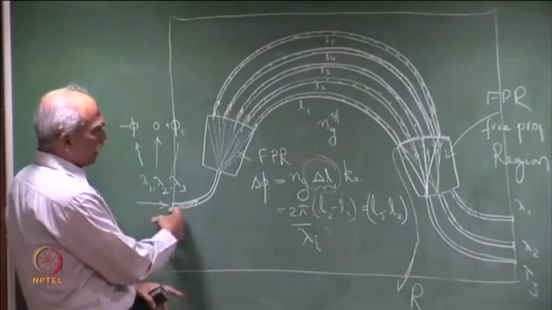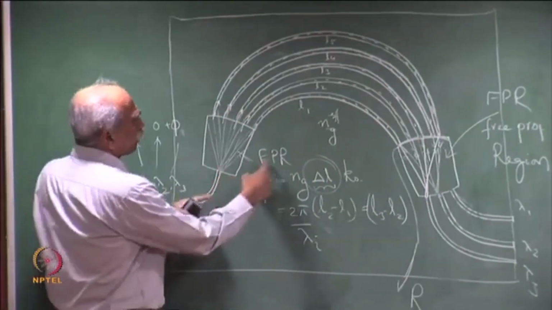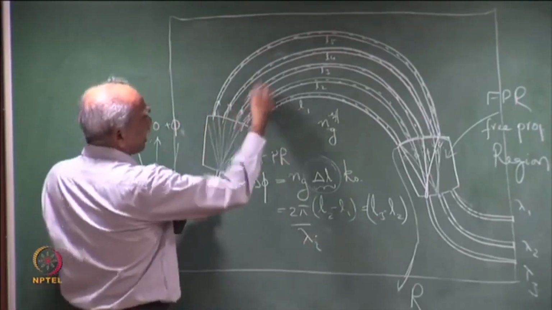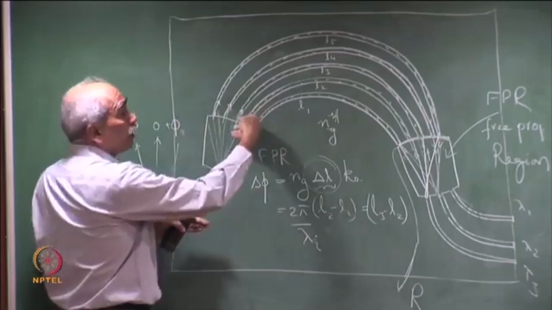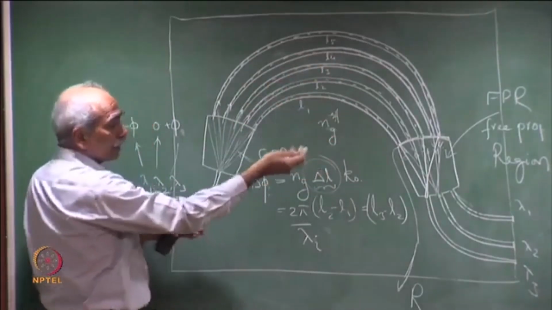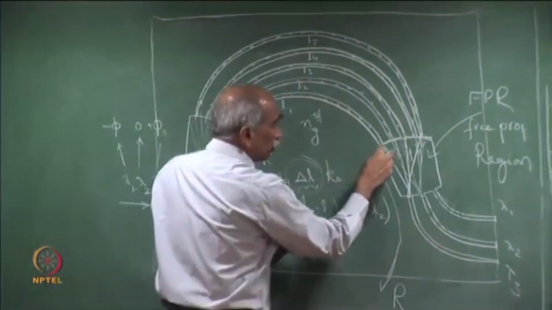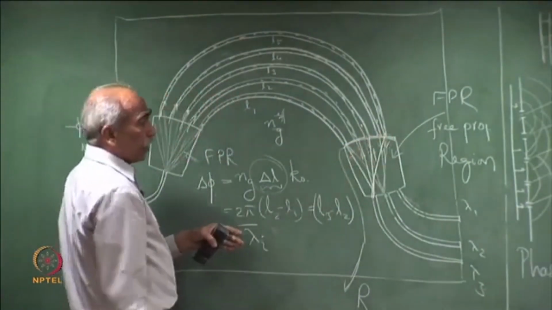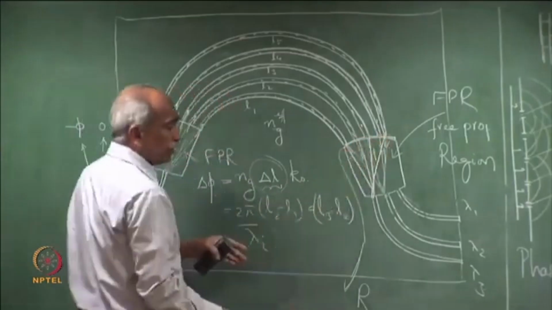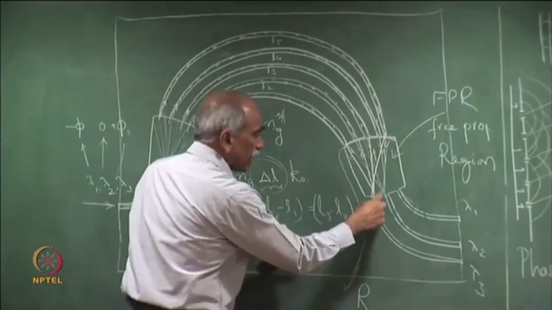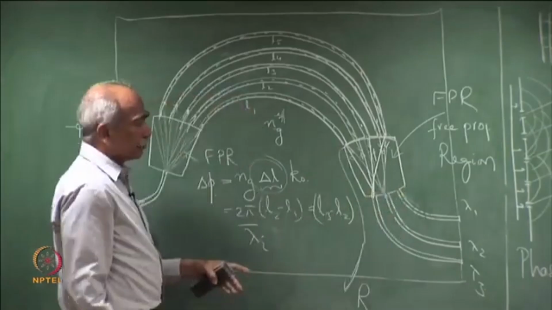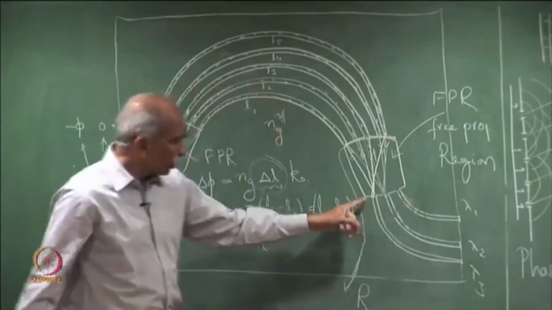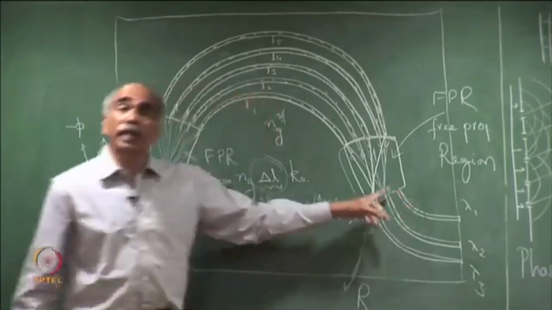So, the input here enters the free propagation region, diffracts. All the waveguides are carrying all the wavelengths. Here different wavelengths have different phase shifts and therefore, accumulated phase is different and therefore, they focus at different points. The output waveguides are then located at the appropriate positions.